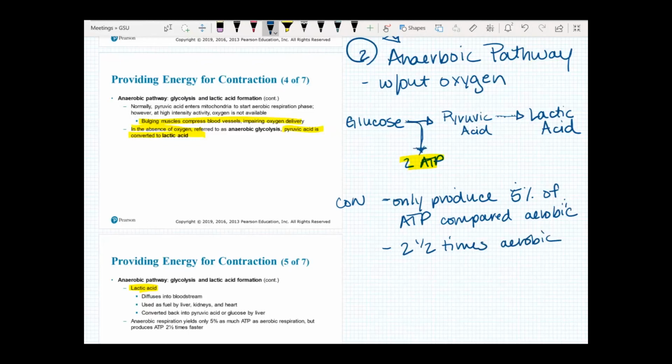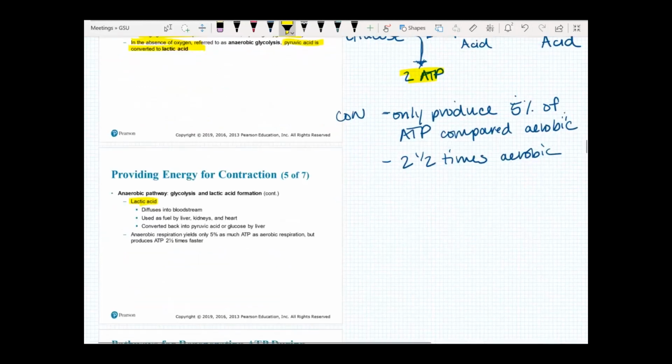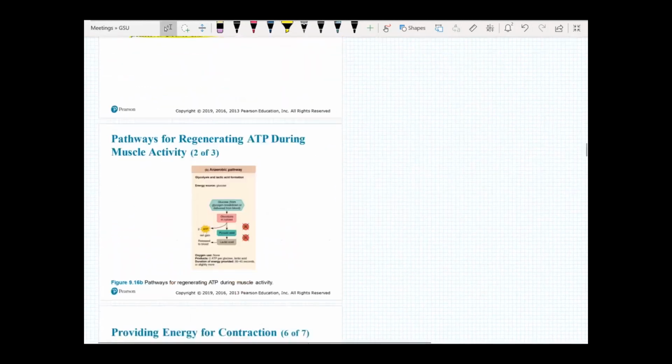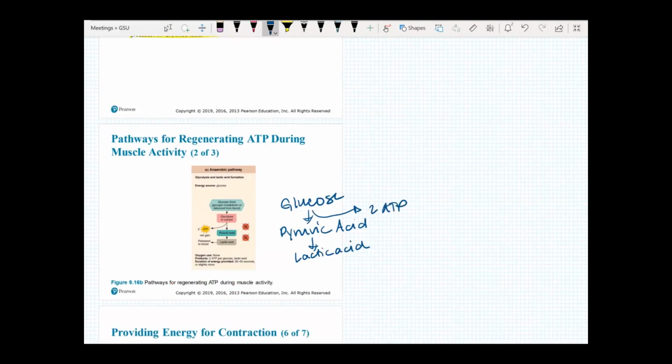It's only one step. It's not very complicated. Here's an example where you can see we start with glucose and we go to pyruvic acid, and then pyruvic acid will go to lactic acid, and then we're at 2 ATP. So that's the process just sideways.